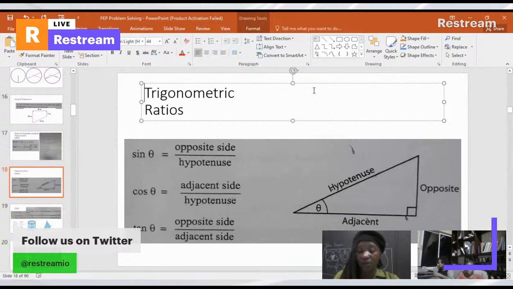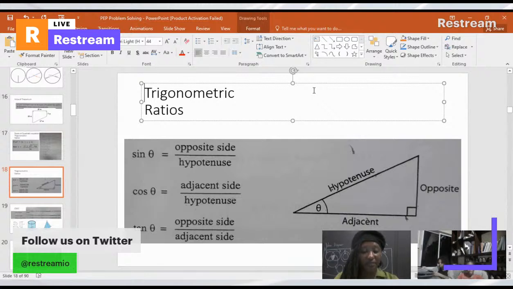They depend on where the angle is that we are referring to at that particular time. Once you identify your hypotenuse, your opposite, and your adjacent for any given right angle triangle, you can go ahead and decide which of the trig ratios you need to apply to solve your problem.